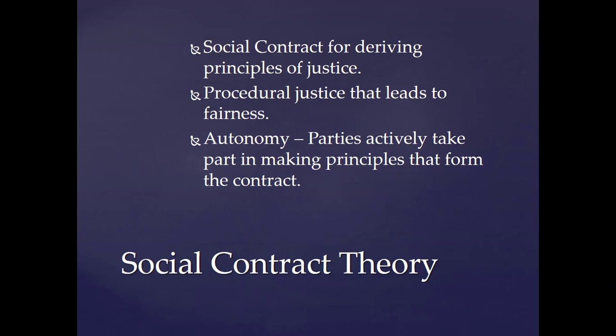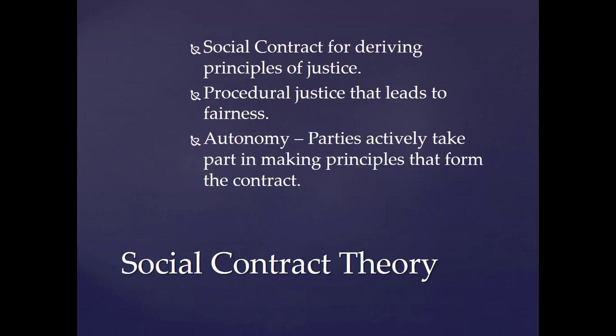The idea with a social contract theory is that people get together. Imagine that people come together to form a social contract where they will try to reach a general consensus of what they will generally agree upon as being the principles of justice, and they will consent or agree to this contract.